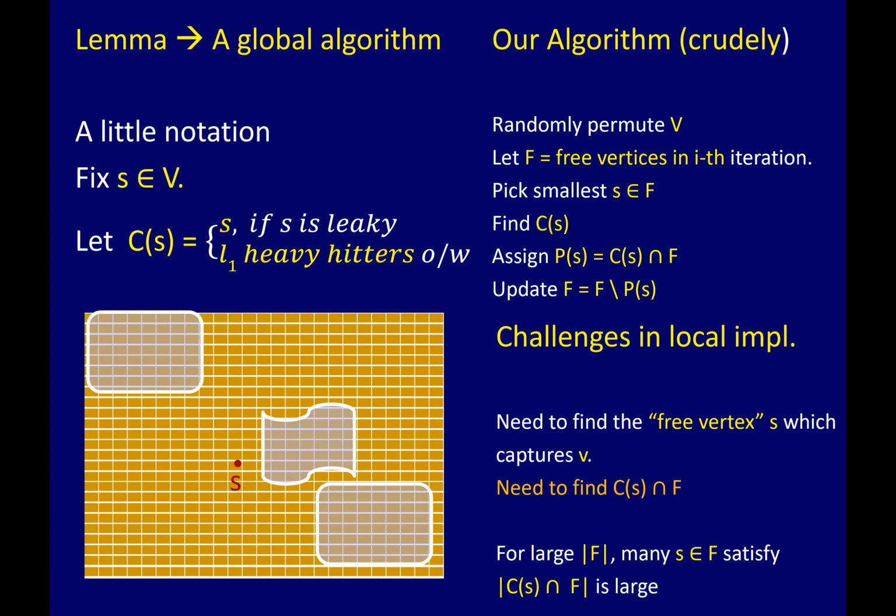So the free set is indeed going to shrink rapidly. It's not that the free set does not shrink at all. In some sense you could use this to handle the second challenge. But the major concern for us was the first challenge: how do you find the free vertex that captures V?